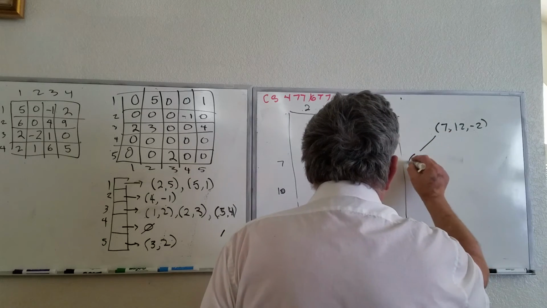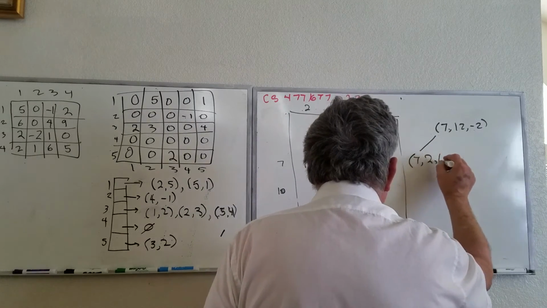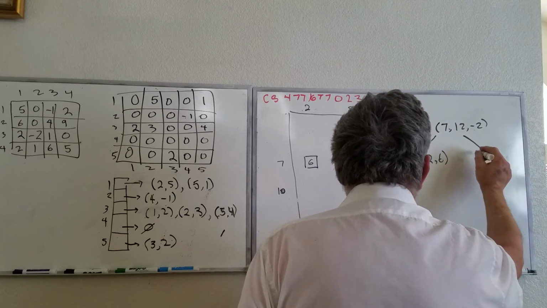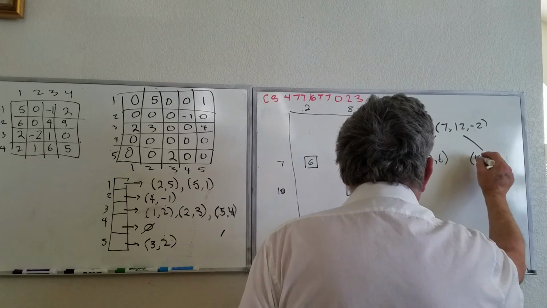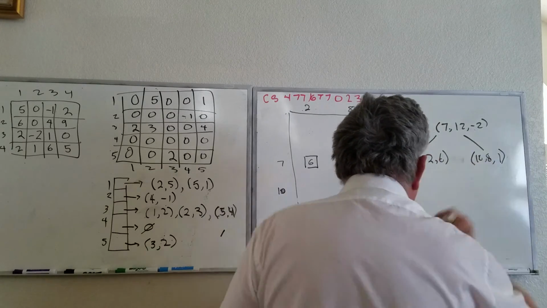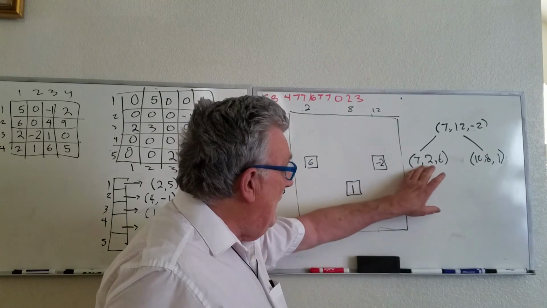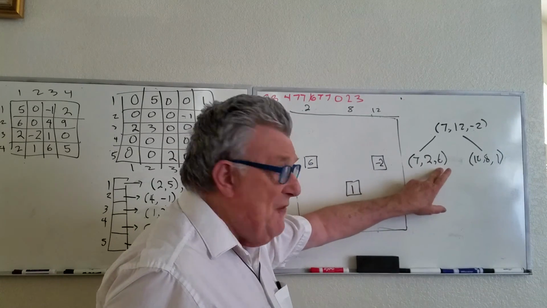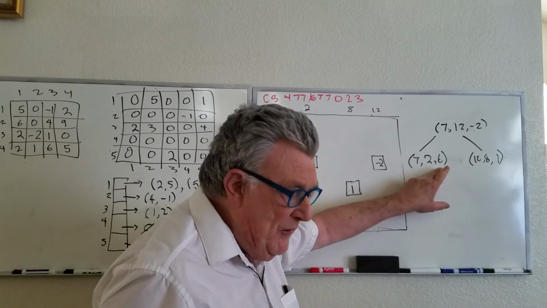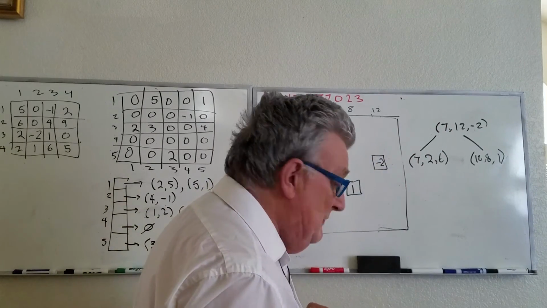And then before that we should have 7, 2, 6, and the next entry would be 10, 8, 1. Now you notice in the search structure, you're indexing by the pair i, j, not by the value. The value plays no role in the structure of the search structure here.